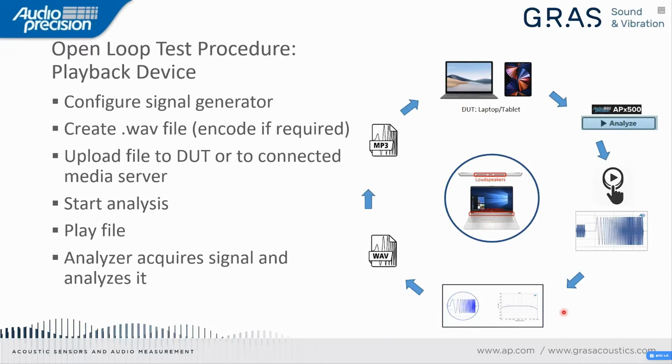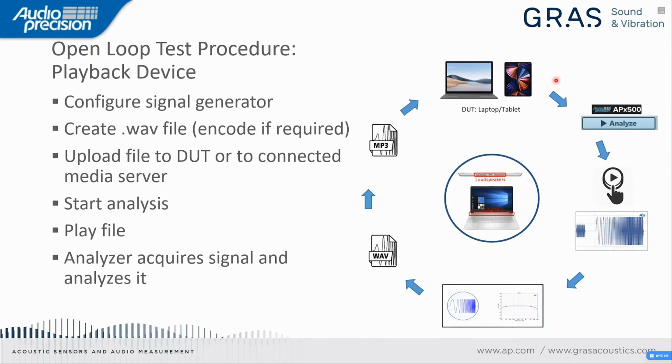We then configure our signal generator in the APX software, in the computer that is running the software. Then we export the signal as a WAV file, and then we upload this signal into the device under test. In some cases, it might be necessary to encode the signal to, for example, an MP3 file before uploading to the device under test. But if the device under test can play back WAV files, then this step won't be necessary.